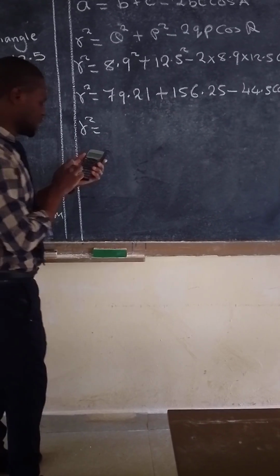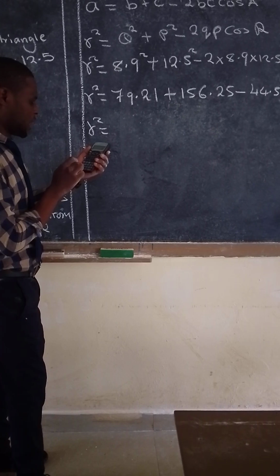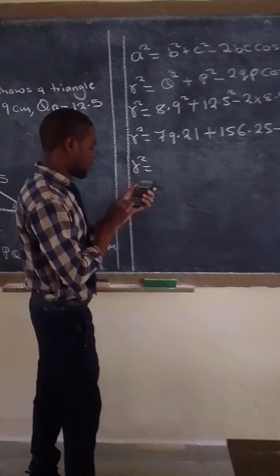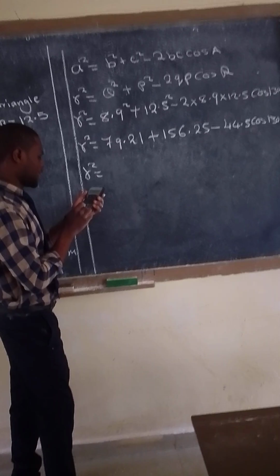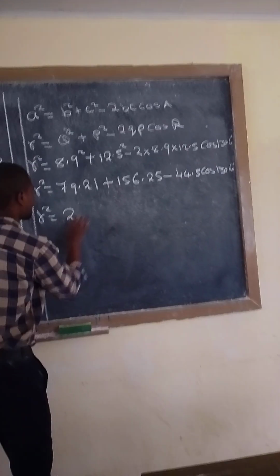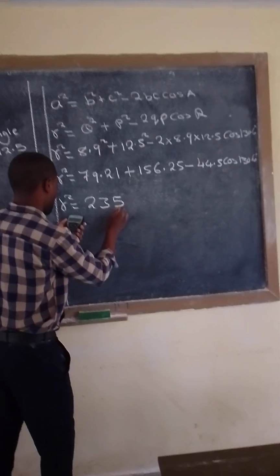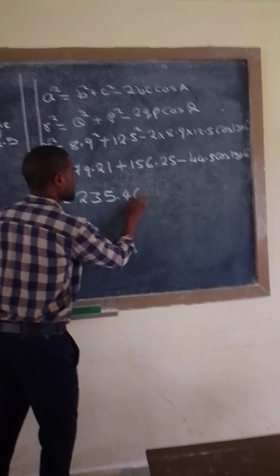Then r squared is equal to, so now we have to add 79.21 plus 156.25, which is equal to 235.46.